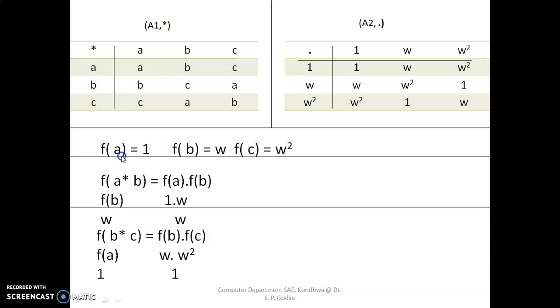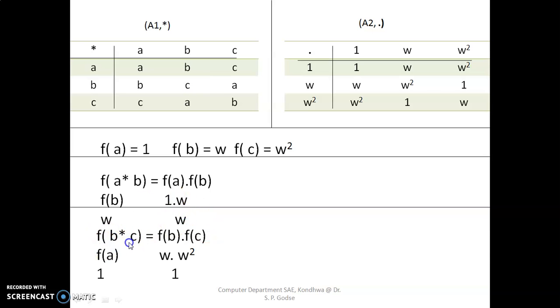Giving input a to the function gives output 1, giving input b gives output w, and giving input c gives w². Then f(a·b) = f(a)·f(b). By the table, a·b is b, so f(a·b) is f(b). f(a) is 1 and f(b) is w, so 1·w is w, and f(b) is also w. So the left hand side equals the right hand side.